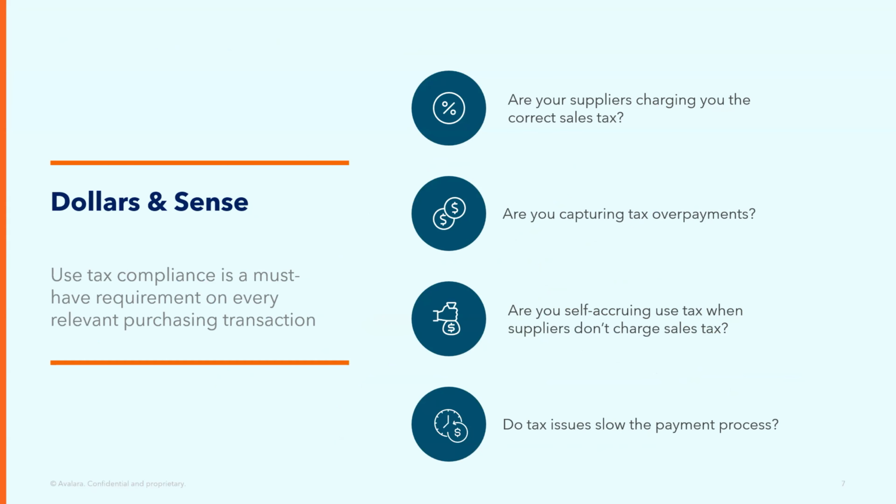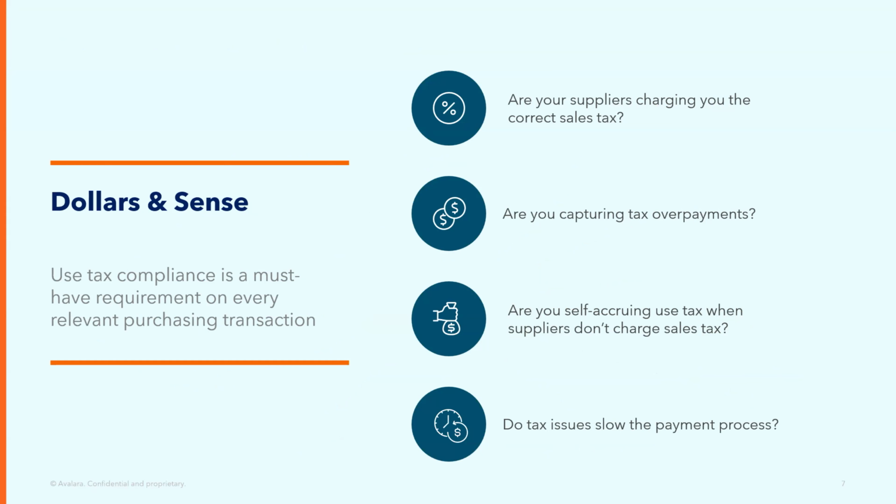As we move forward and take a look at this slide, you may also ask yourself the following. When dealing with vendor invoices, are your suppliers charging you even the correct sales tax, or may there be variances? Are you capturing tax overpayments and understanding why a vendor is overcharging you?